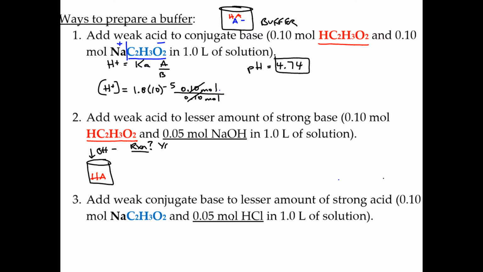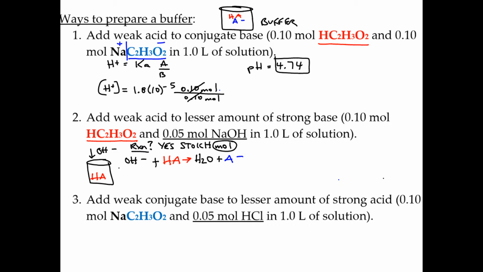The answer is yes, stoichiometric moles. So you're going to do stoichiometric moles. So look at what you got. OH minus is going to react with HA, and then what's going to happen is you're going to form water, and you're going to form the conjugate base, which is the acetate, or A minus.